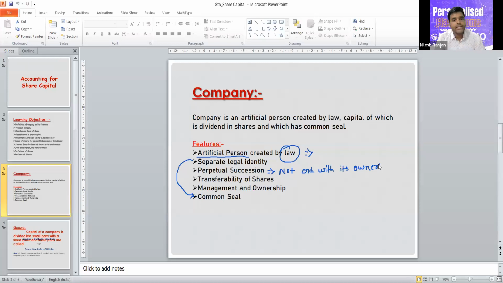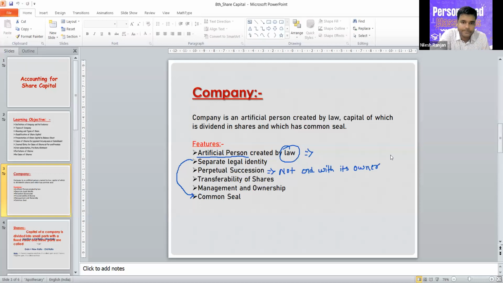But in case of a company, I already told you that a company has a separate legal identity. So if any owner of the company dies, the company will continue its business. It has perpetual succession, meaning it has no effect on the company if the owner dies. There can be many shareholders, like 1 lakh, 2 lakh, 5 lakh, and all of them are owners.